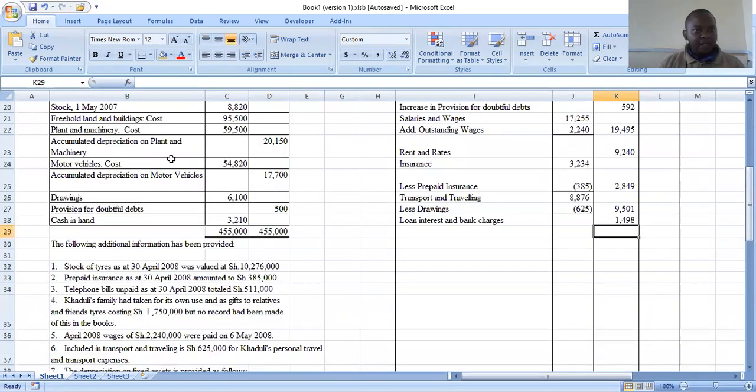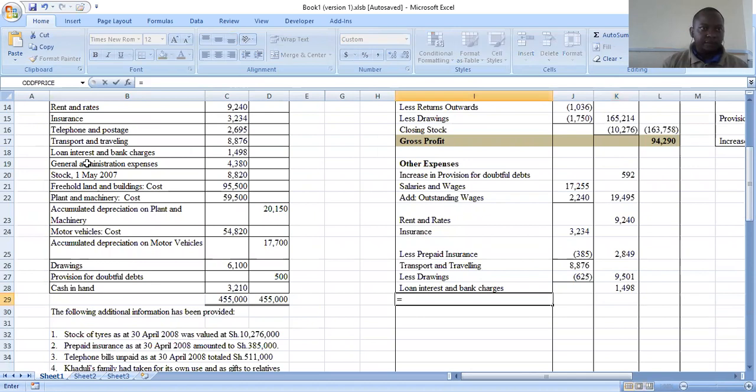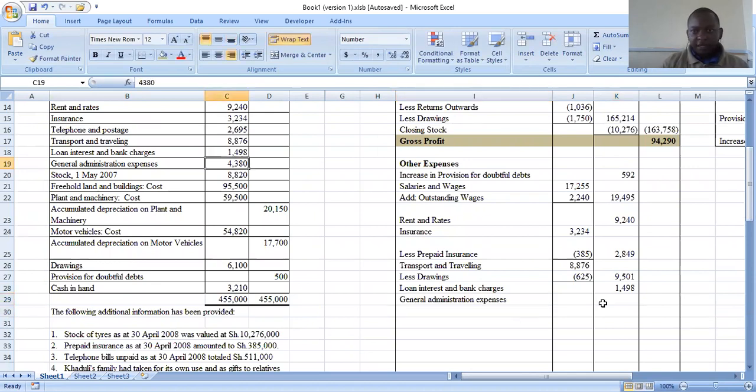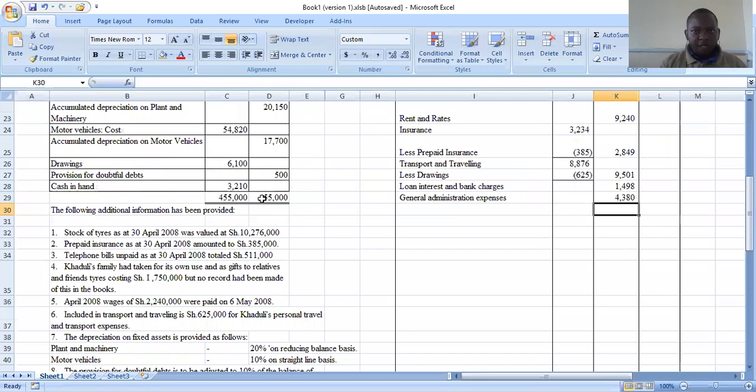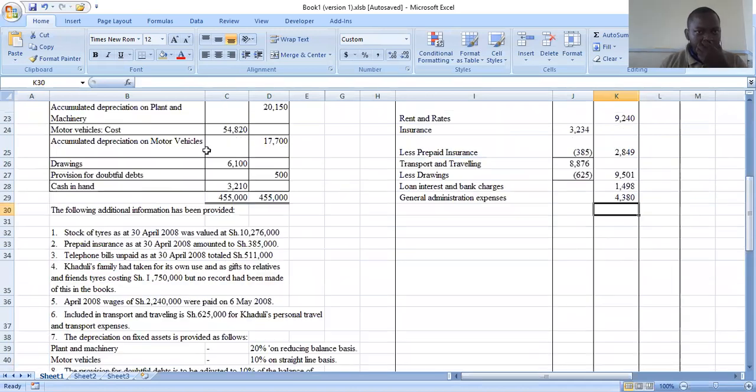So you proceed to the other expense, general administration expenses, whose amount is 4380. Any additional information for general administration expenses? Hakuna. Move on to the other one.